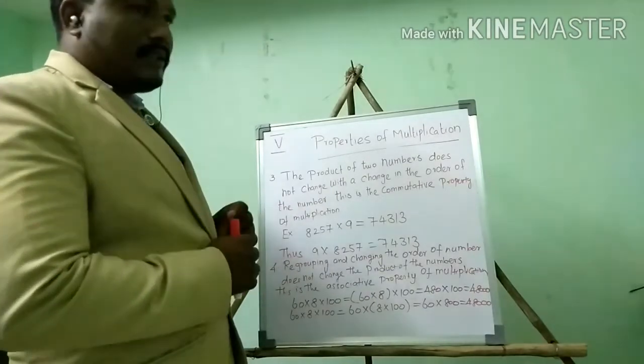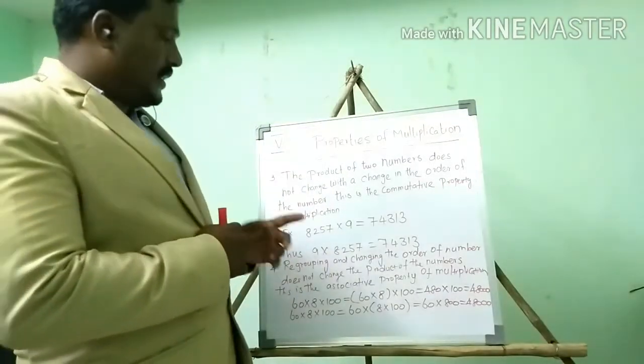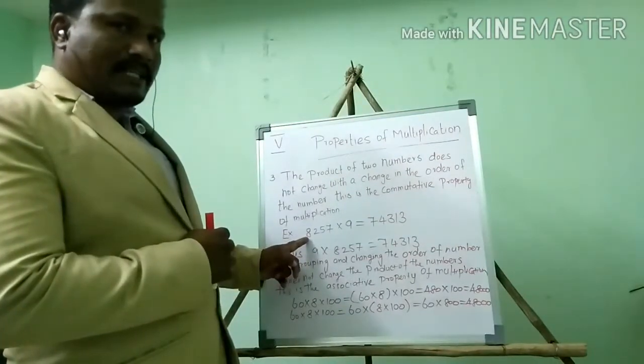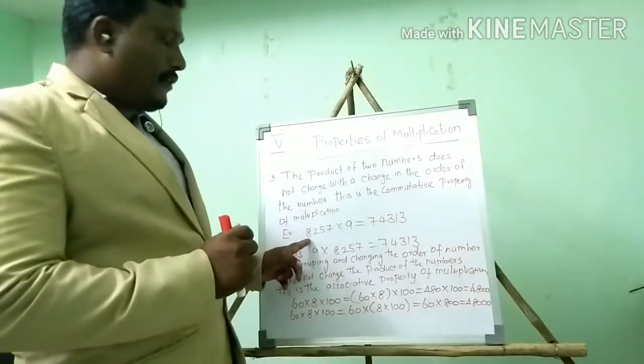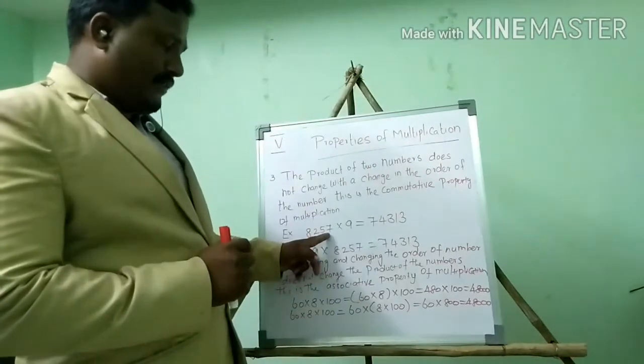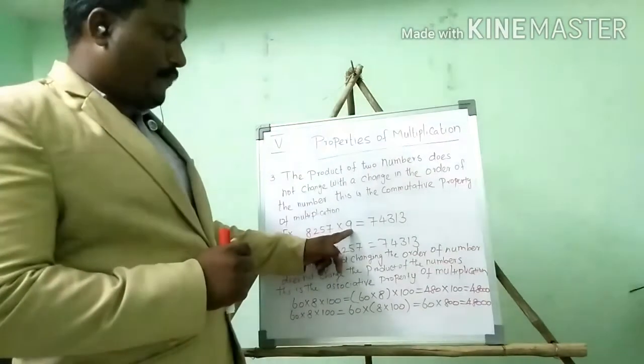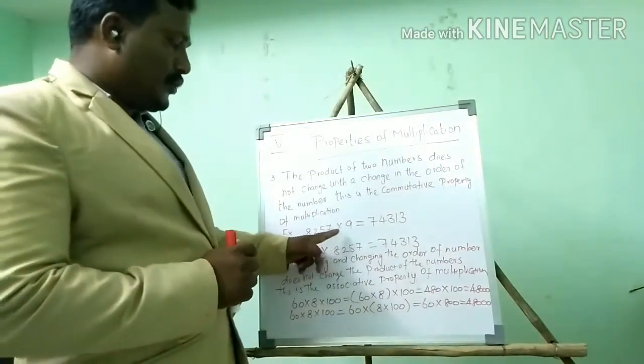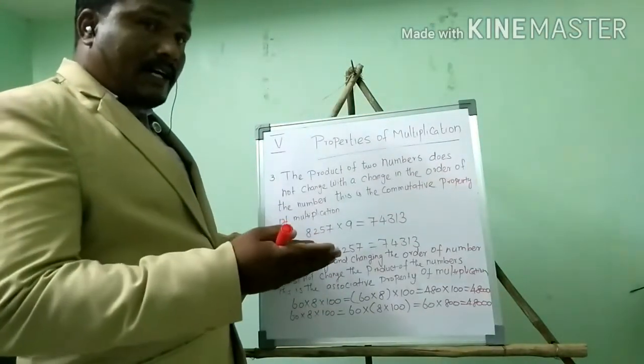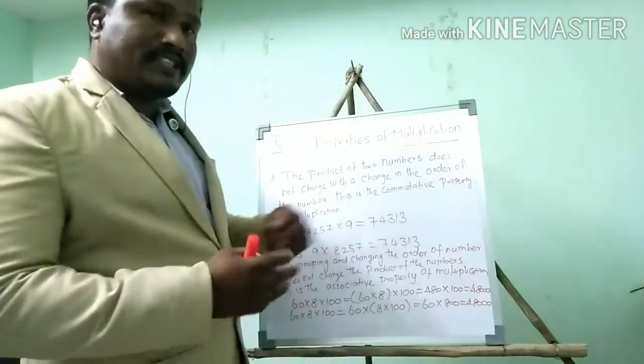Example: what is the commutative property? Here I have taken an example number: 8257 multiplied by 9. I got the product 74313.